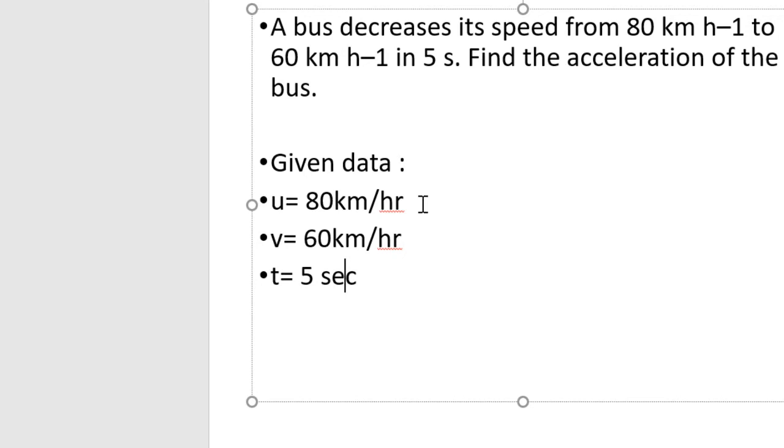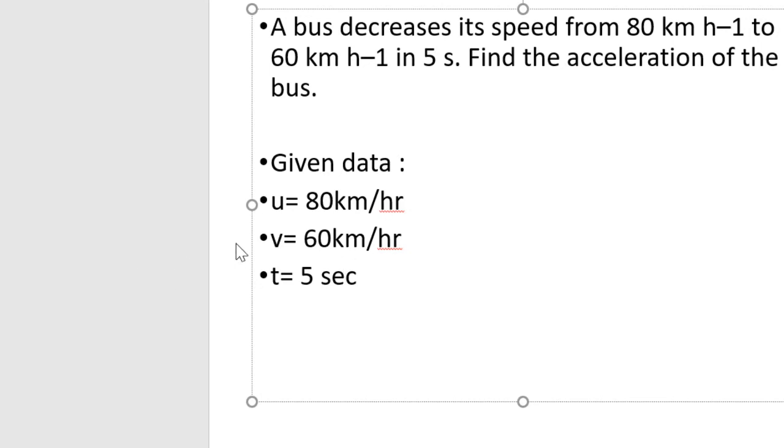How would you convert kilometers per hour into meters per second? You have already studied in your class 7. Please brush up these conversions because these are really important. How would you do that? 1 kilometer is equal to 1000 meters, and how will you convert 1 hour into seconds? 60 into 60. So 1000 upon 60 into 60 is what you're going to do, right?